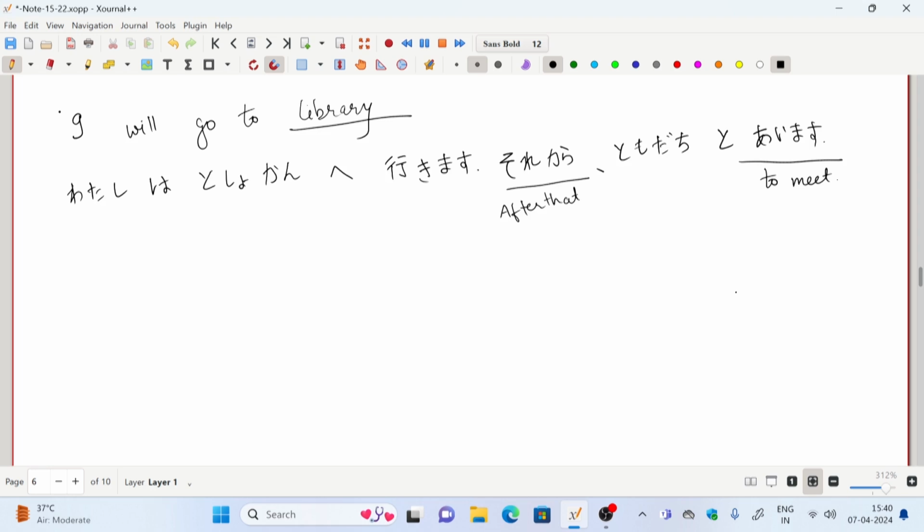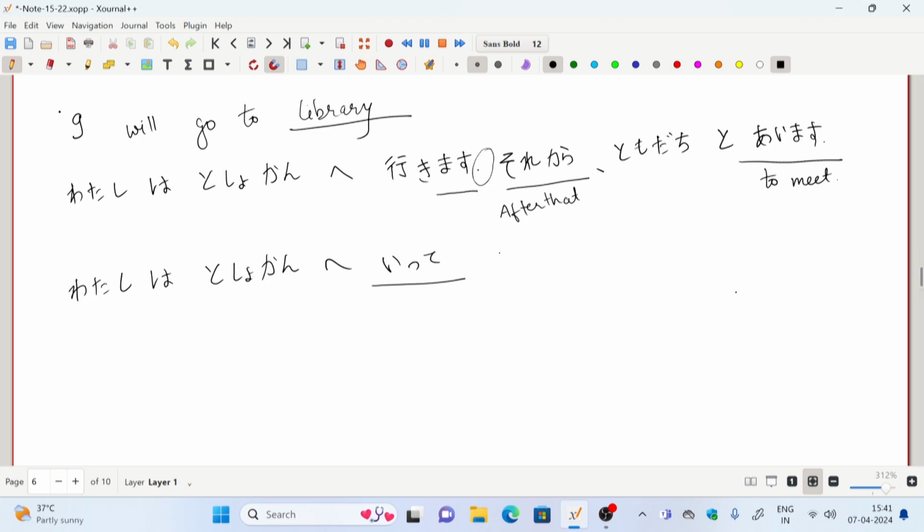In Japanese, we will just erase this and add te form here. So, watashi wa toshokan e itte ikimasu. Te form is itte.